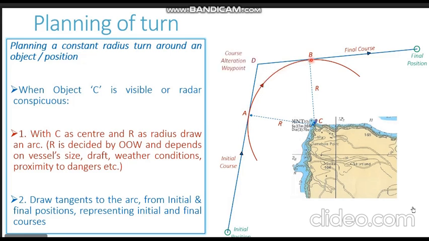From point Bravo, the vessel moves on the final course. So the turn has been planned and plotted on our chart or ECDIS. So this is the method to have the curved path on our chart. When we have an object which is visible to us or an object which is radar conspicuous, using that object we can plan our turn and we can find out our initial and final courses.